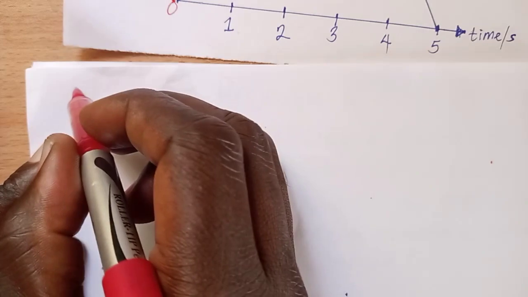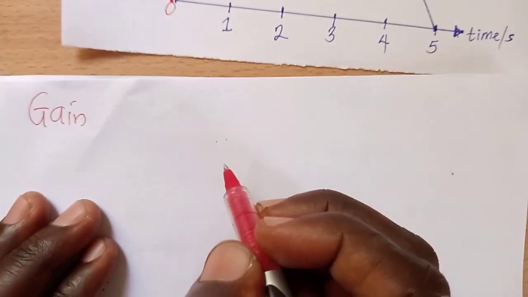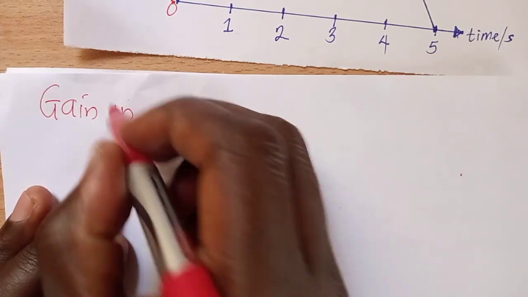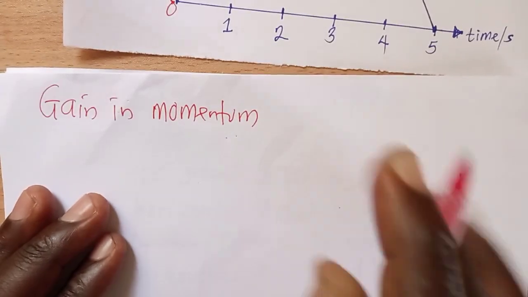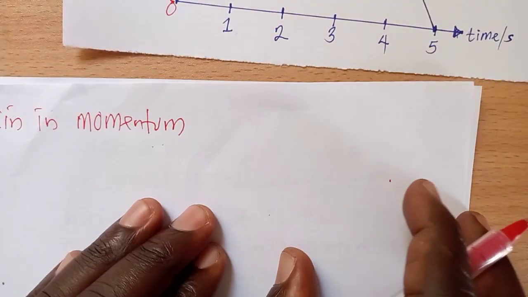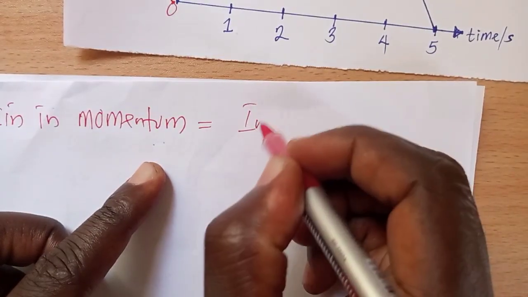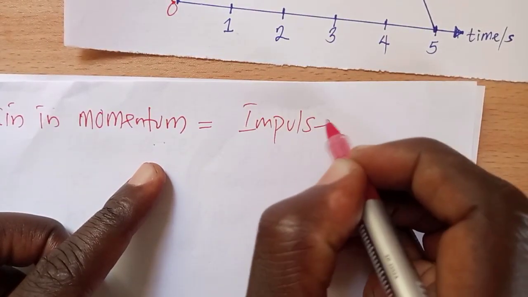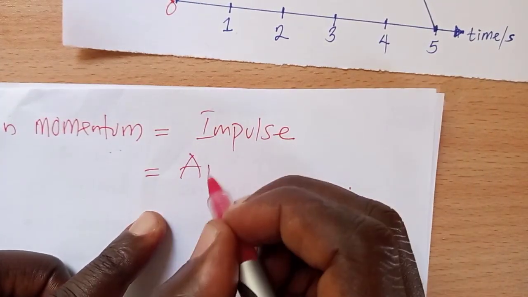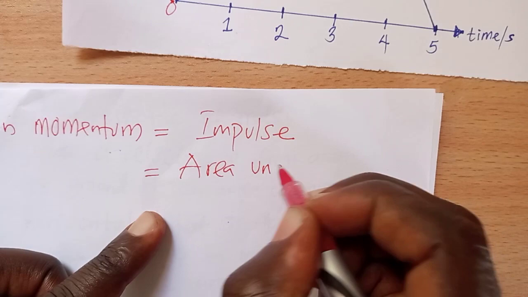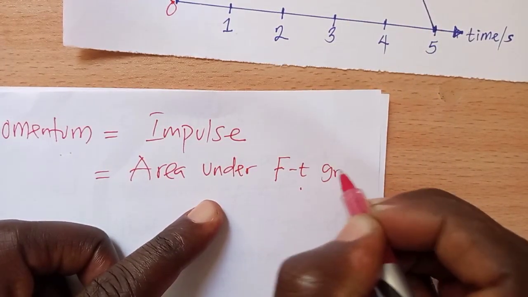Gain in momentum, this means that the new velocity is greater than the initial velocity. Gain in momentum equals impulse. And how do we get this impulse? Simply, it is the area under the force time graph.